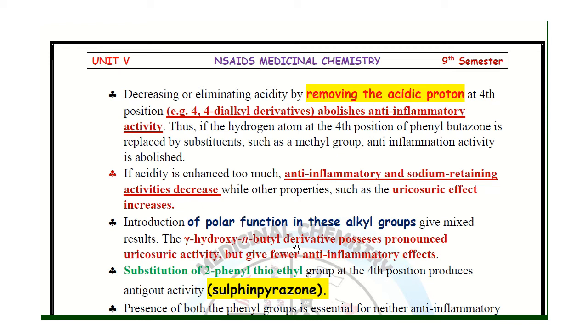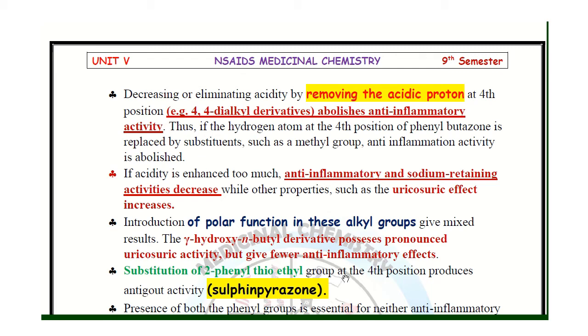The next is the introduction of a polar functional group. If we introduce a polar functional group at the 4th position in the side chain, it will give mixed results. This will depend on which type of polar functional group. For example, the gamma-hydroxybutyl derivative has good uricosuric activity, but its anti-inflammatory activity will be less.